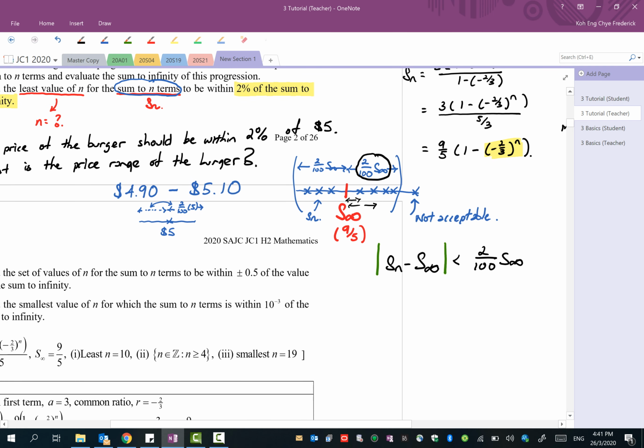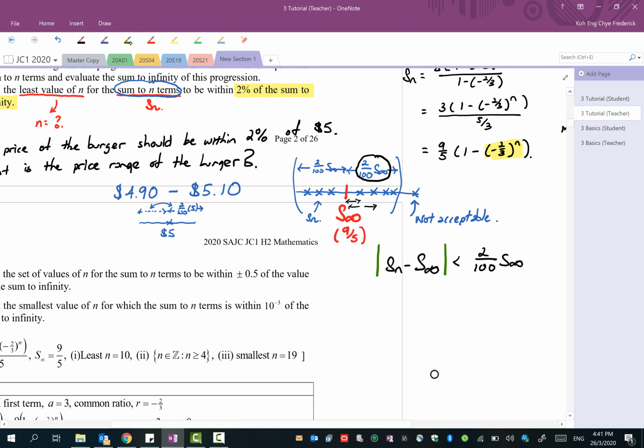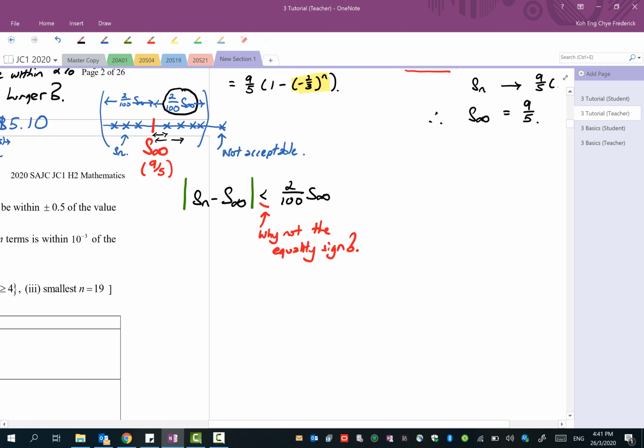Now, some of the concerns: why not the equality sign? The reason is because of this keyword "within". I use football to explain.